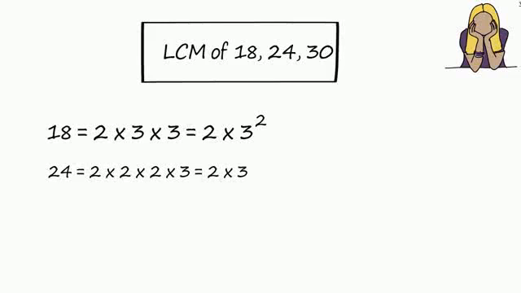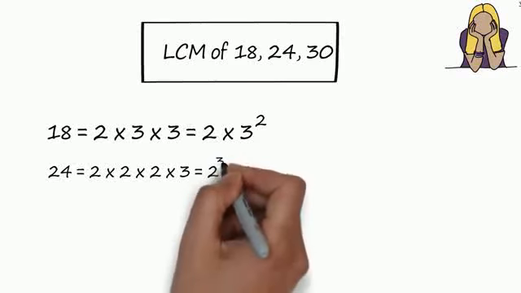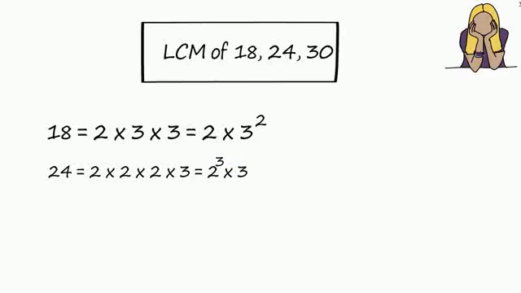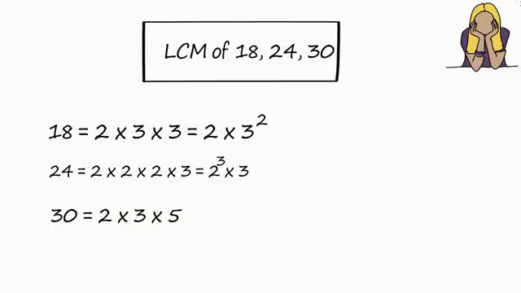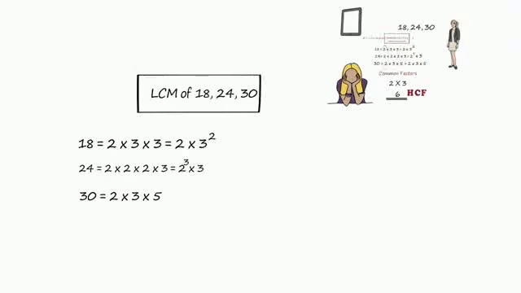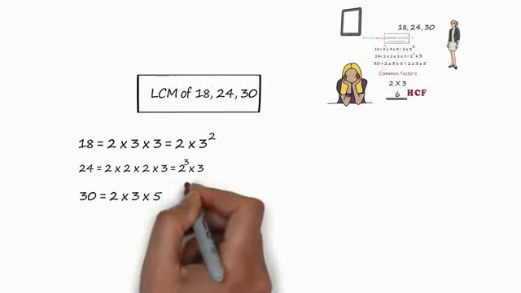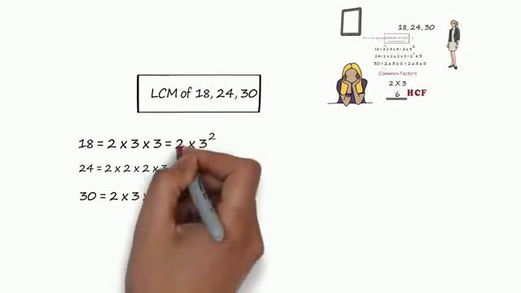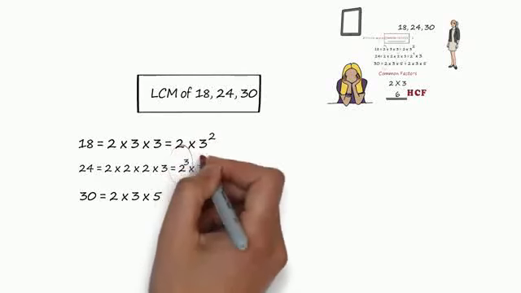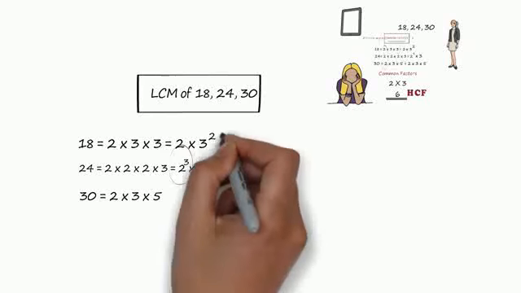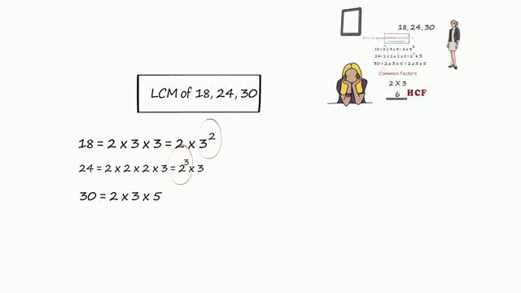So 24, that's 2 to the power 3 times 3. And then we have 30, and 30, I think earlier on we worked that it's 2 times 3 times 5. Now, after getting here, when it comes to lowest common multiple, it means you're going to take every index, every number, every prime factor between 18 and 24, which we have 2, 3, and 5 in all of these numbers, and we get the highest.